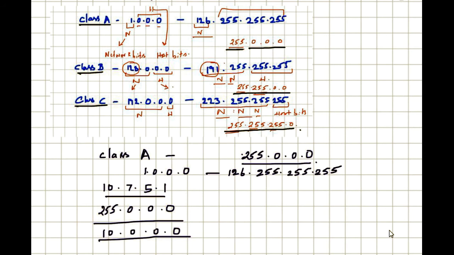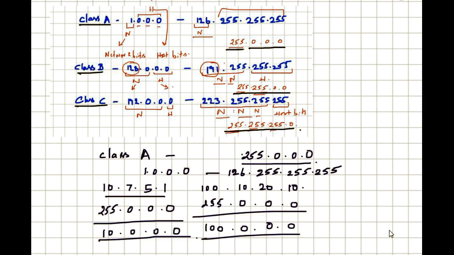So only one network. Likewise, if you take 100.10.20.10, again you will get only one network: 100.0.0.0.